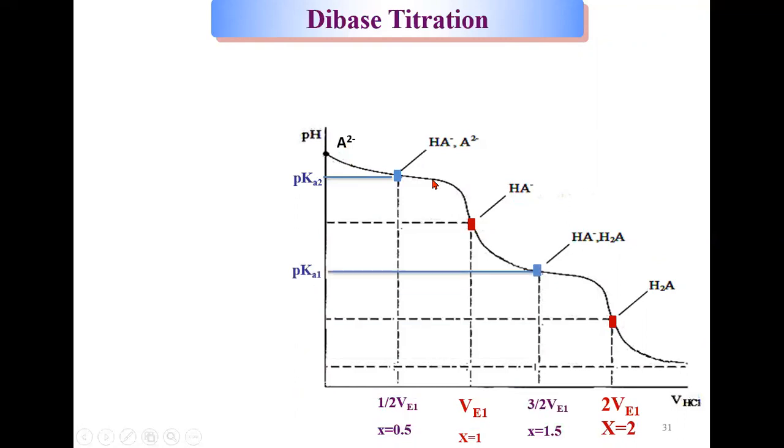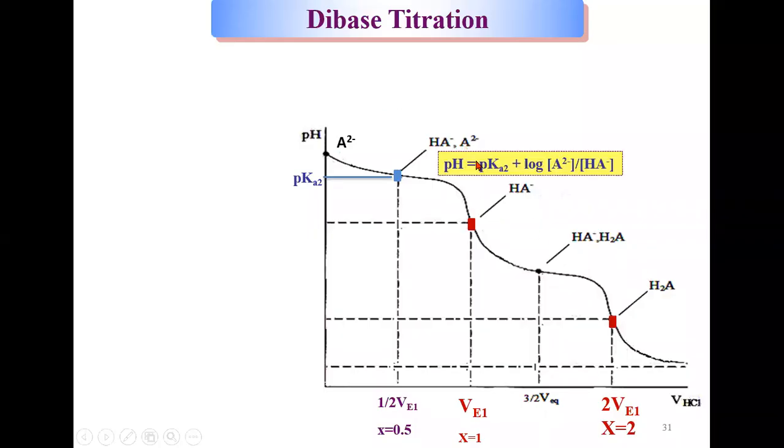So this is a region governed by the HA minus and the A2 minus species, which uses the Henderson-Hasselbalch equation between the A2 minus and the HA minus, and thus you need a pKa2. So that's a little bit different than the diacid, because I start with the A2 minus, and thus I need pKa2 here.